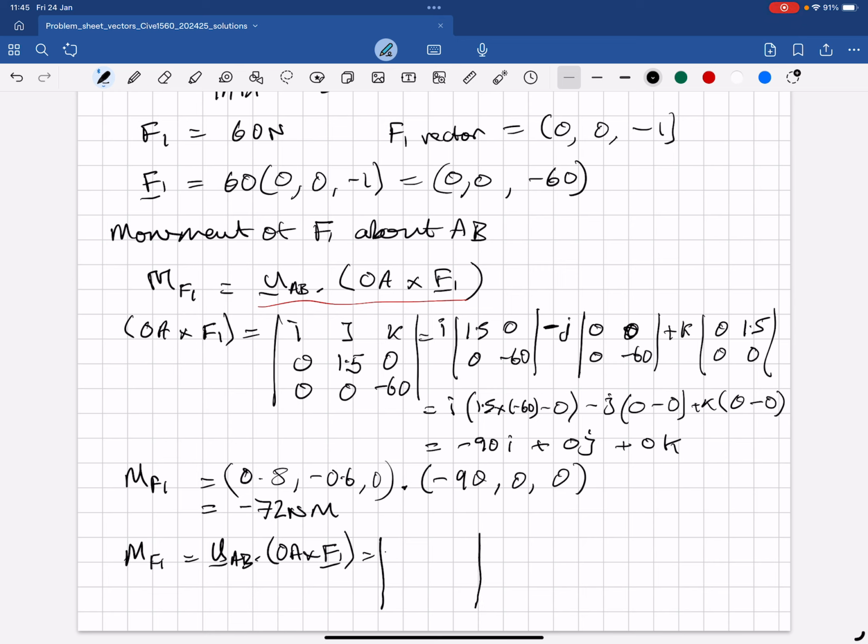UAB is the first line: 0.8, minus 0.6, 0. OA is the second one, the same as the determinant above: 0, 1.5, 0. Then 0, 0, minus 60. And we do the full determinant calculation, and that would come out to be minus 72 Newton meters. So actually that second calculation turns out to be a little bit easier. It's essentially done for you as you do the determinant calculation.